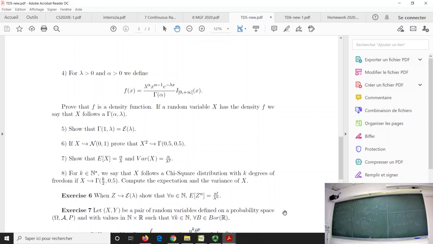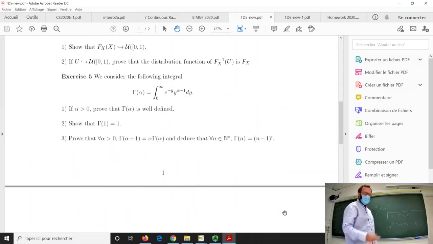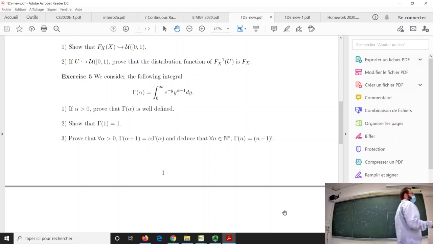I have to compute it because keep in mind what I know for the moment, from the previous question: we have seen together what Gamma of n is, for n belonging to N star. But I have nothing about Gamma of 1/2. So I have to compute it in order to see concretely what this density function is.